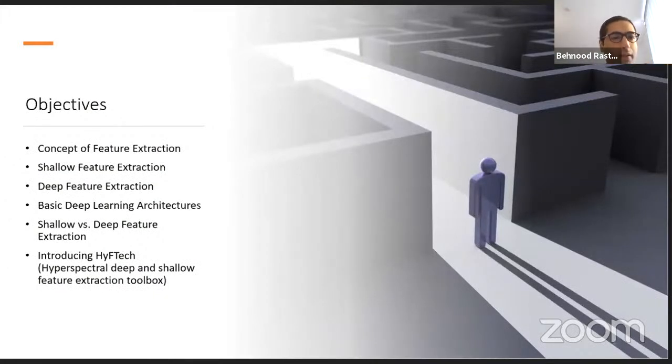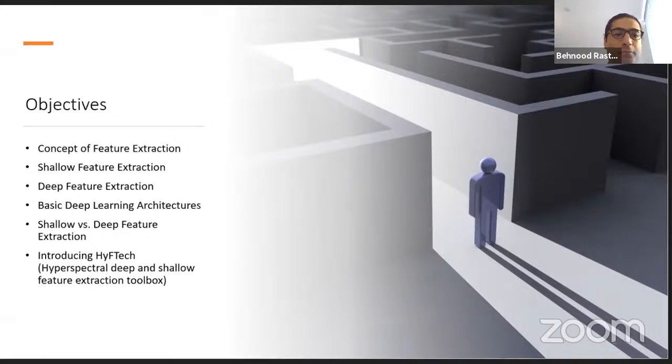So these are the objectives of this talk. I arranged all the slides and topics in a way that everyone with any kind of background can follow the lecture. We go from some basics into some advanced material.